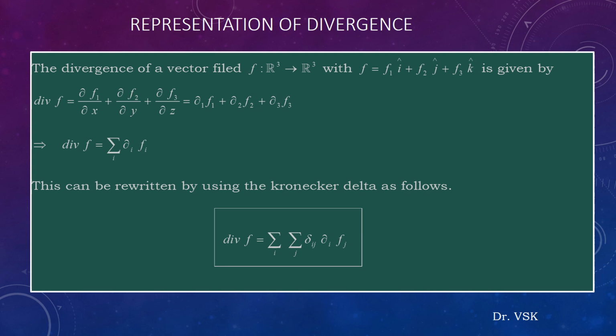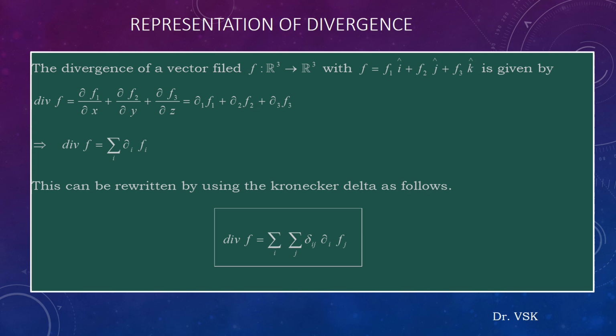We know this already. Now replace x with x1, y with x2 and z with x3. Then div f equals dou f1 by dou x1 plus dou f2 by dou x2 plus dou f3 by dou x3.